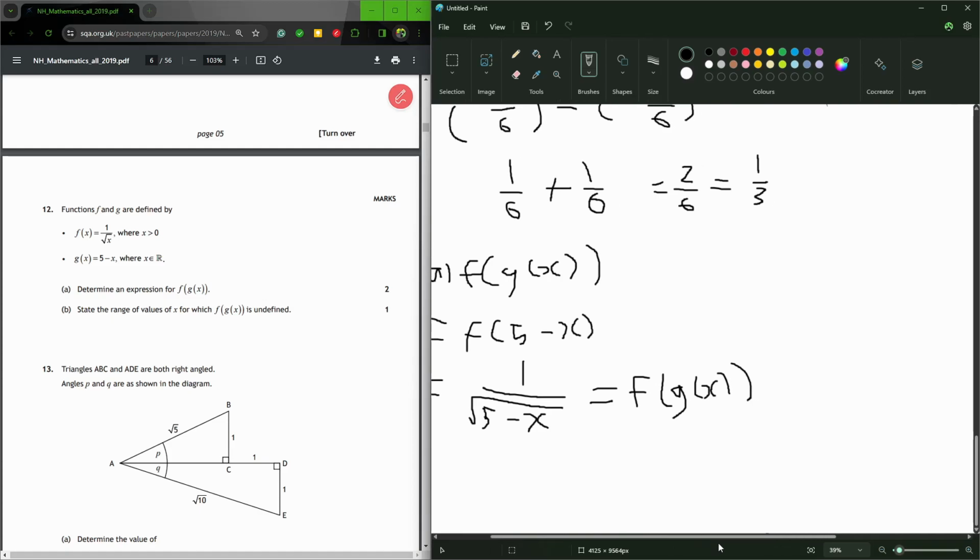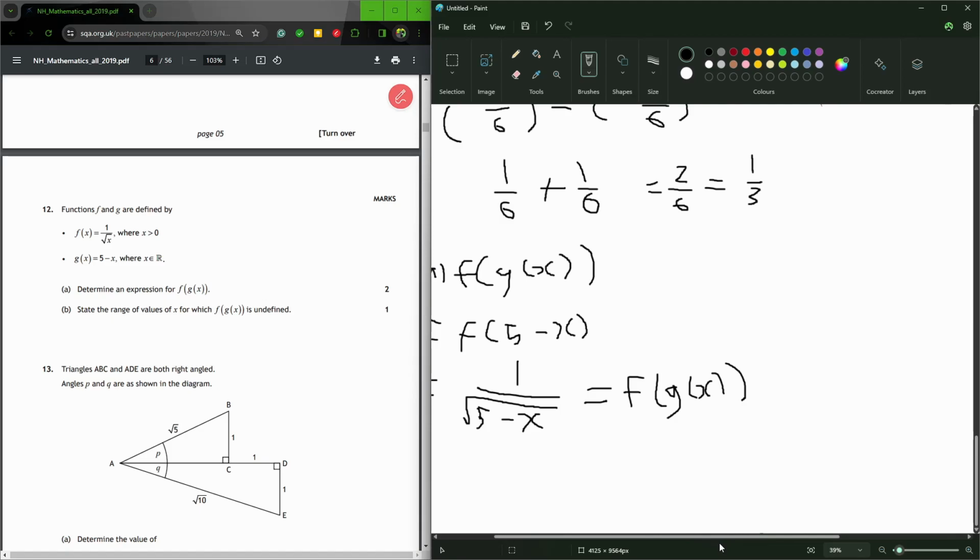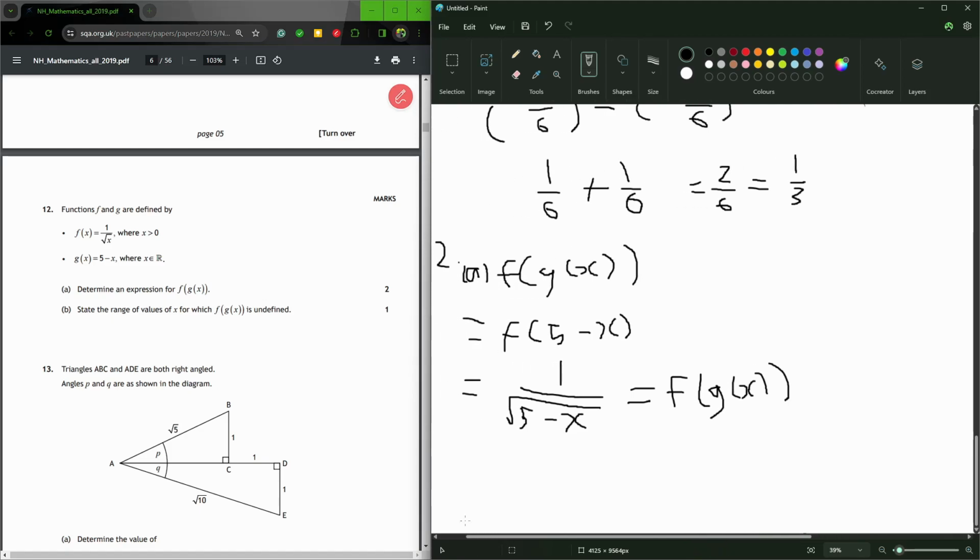And then all we need to do is part B and state the range of values of x for which this is undefined. Well, I can already see there are two things we want to avoid.